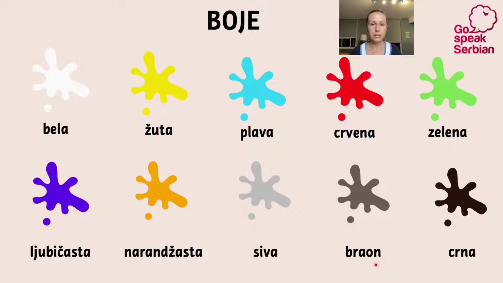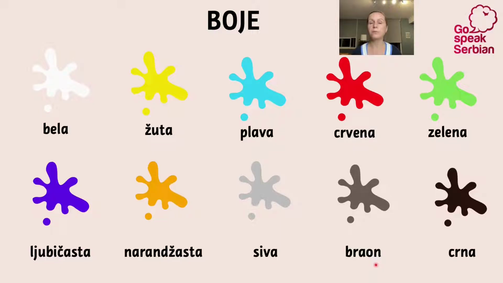This is because this color is a word of foreign origin, and there is another color that I'm going to show, and a few more that are not going to be covered in this video, that came to Serbian from other languages, and they don't change and adjust to the noun in terms of gender and number and case.